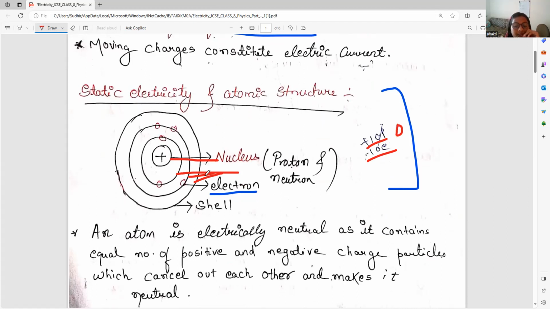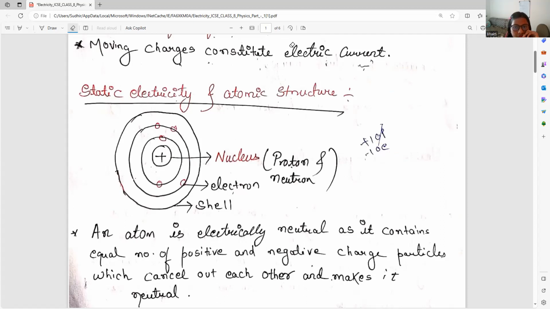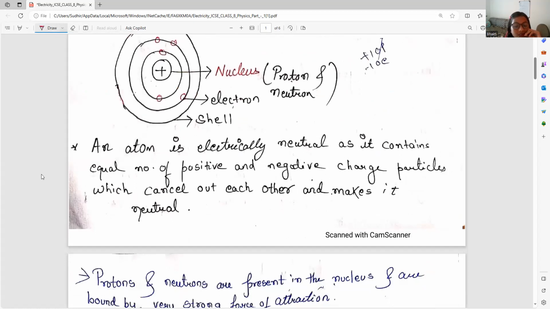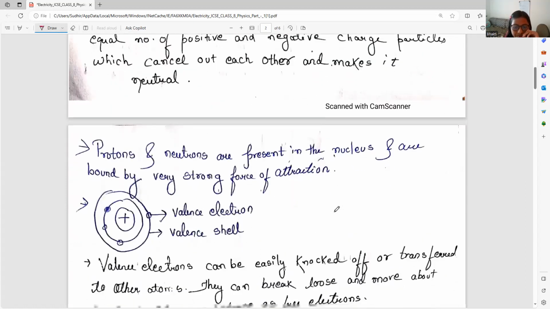An atom is always neutral. This is the main point: an atom is electrically neutral as it contains an equal number of positive and negative charged particles which cancel out each other and make it neutral.